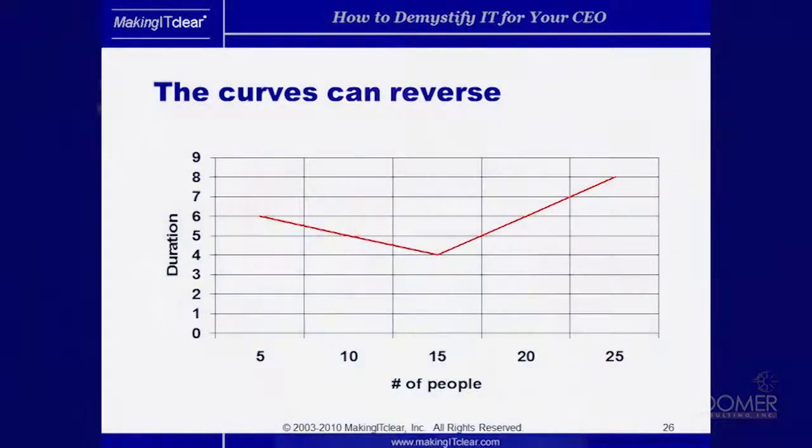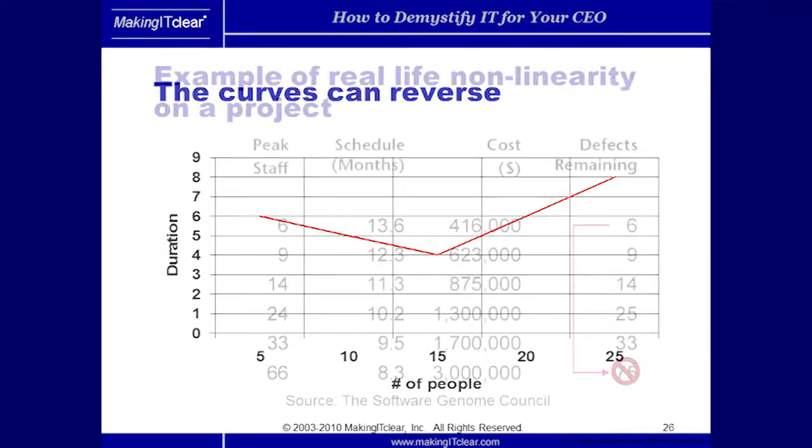But I don't think there's any chance that 16 painters could do it in half an hour, or 32 painters could do it in 15 minutes. So what's happening here is the curves actually reverse. You actually get to the point where at some point adding more labor to a project, whether it's IT or anything, can make the project run longer.